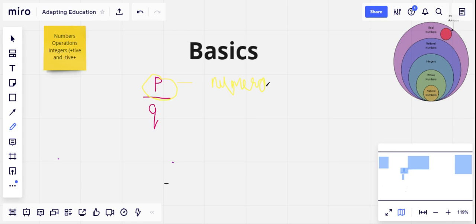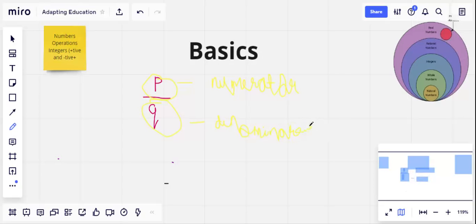Please ignore the handwriting over here. So this is known as the numerator, and the lower one is known as the denominator. Correct.